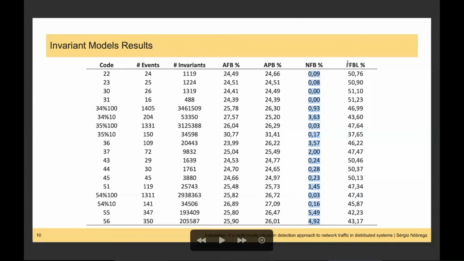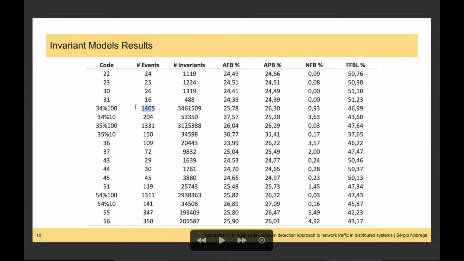And then the first followed by last account for around 40 to 50% of all the invariants generated. The only other interesting point here is that there is an exponential growth in the invariants as more events you have. For example, here you can see we have 16 events and 488 invariants, 72 events, and then we already have almost 10,000.